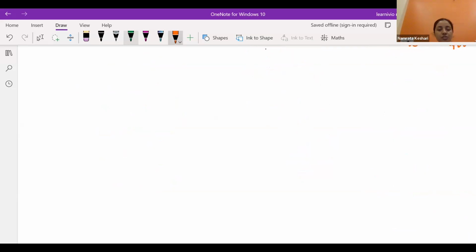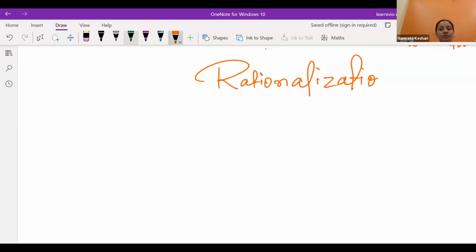Okay, so rationalization means what? Here, a particular chapter, number system, contains a particular concept, that is rationalization.